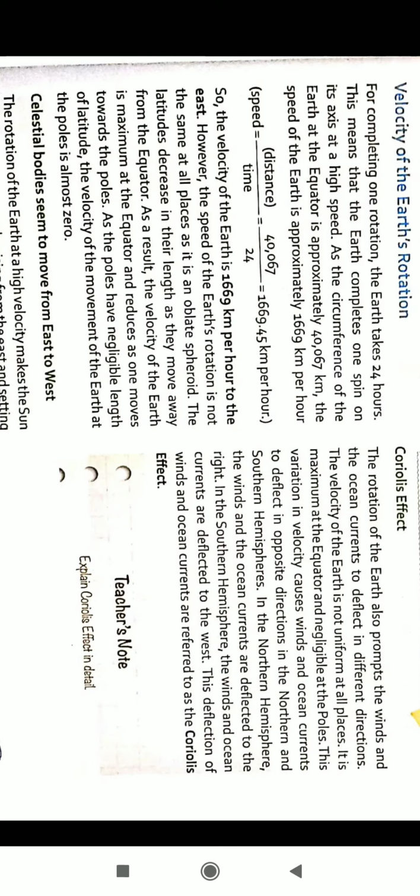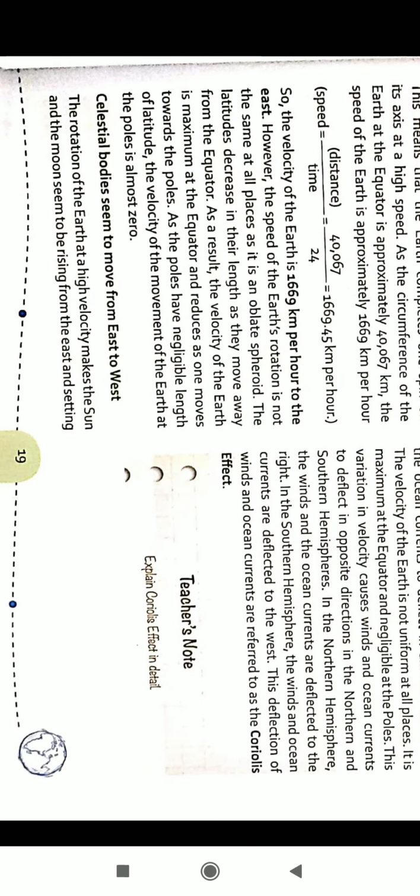So the speed would be 40,000 divided by 24, which is 1,666.66 km, rounded to about 1670 km per hour.